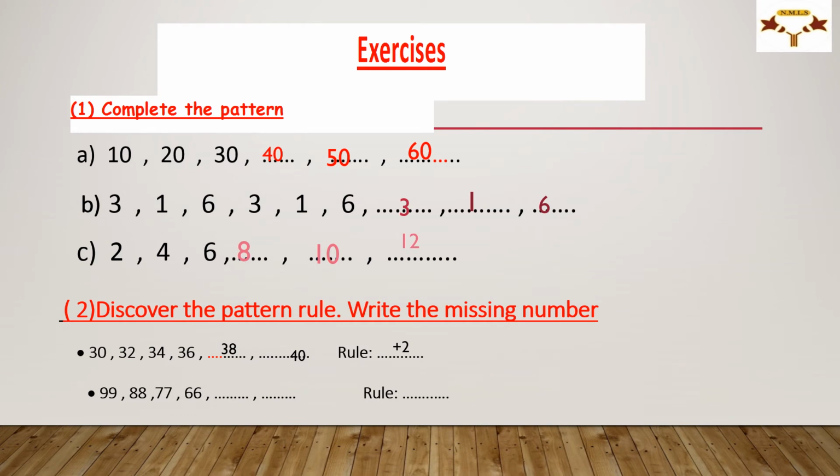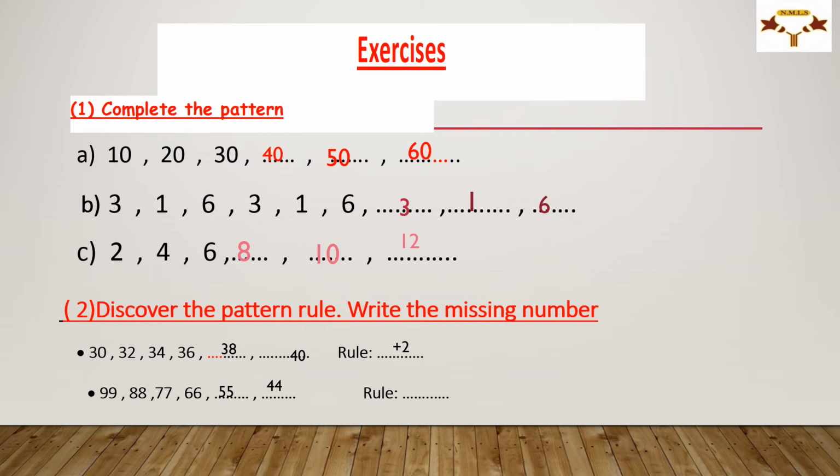So here 99 becomes 88, becomes 77, becomes 66. So the next will be 55 and 44. So I can't find the rule. I don't know it.